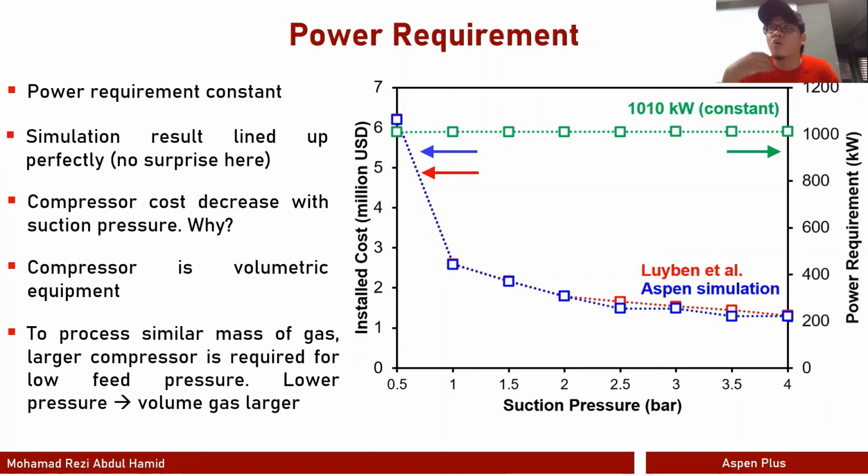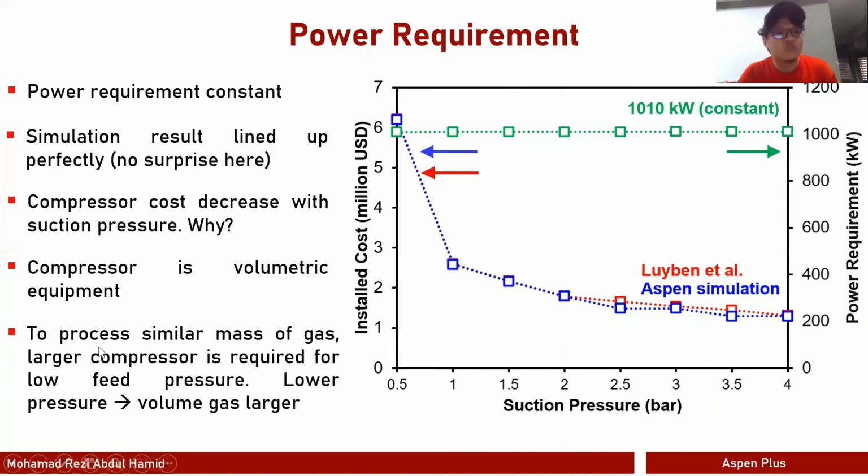If we want to compress the same gas with a similar mass flow rate, a lower feed gas pressure requires a much larger piston compared to when you have a feed gas at higher pressure. So larger pistons mean a bigger compressor, and a bigger compressor means bigger cost. That's the author's explanation, which I agree with.